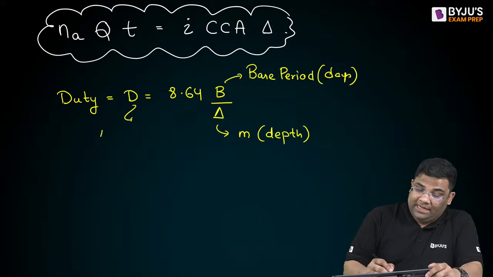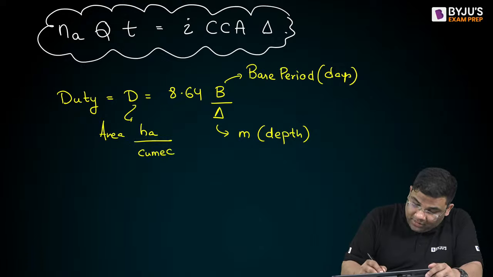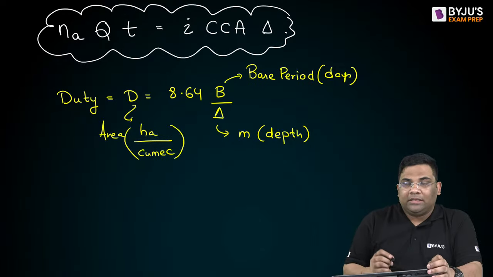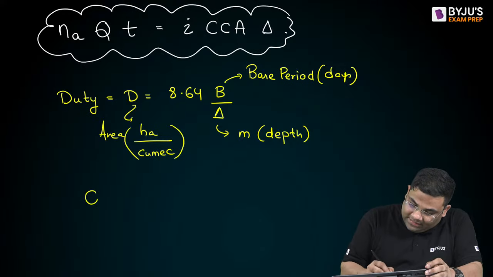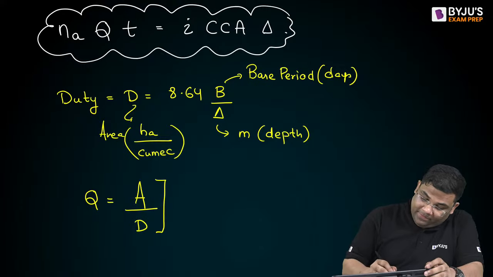Duty is in hectare per cumec. Now if you know the duty, how to find out the discharge? The discharge will be simply the area to be irrigated divided by the duty.